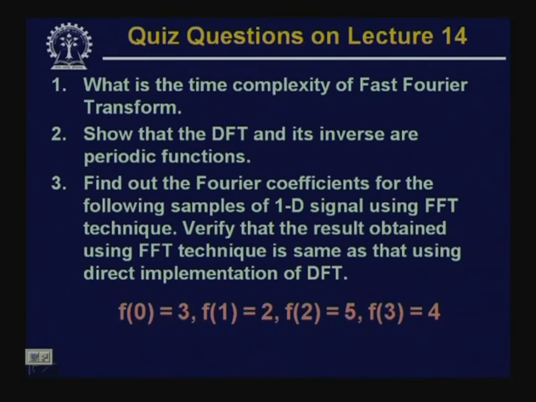Third question is: find out the Fourier coefficients for the following set of one-dimensional signals using the fast Fourier transformation technique, and verify that the result obtained using the fast Fourier transformation technique is same as that using direct implementation of discrete Fourier transformation technique.